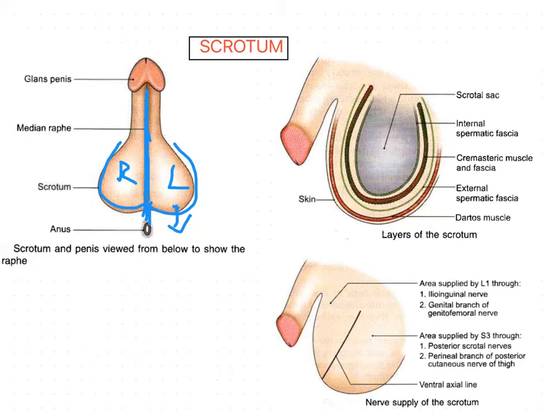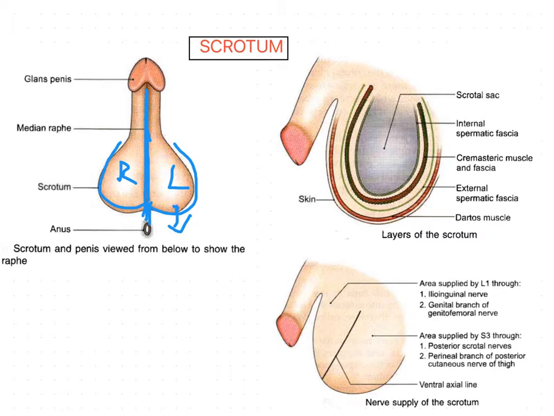Under the influence of cold and in young persons, the scrotum is short, corrugated and closely applied to the testis.